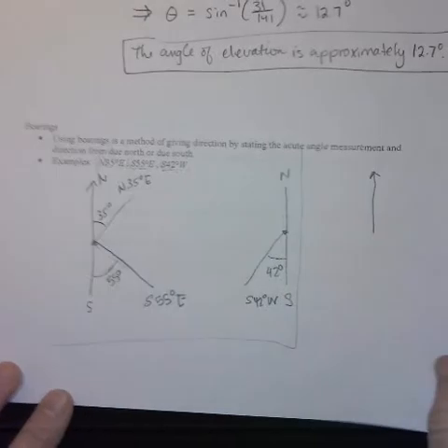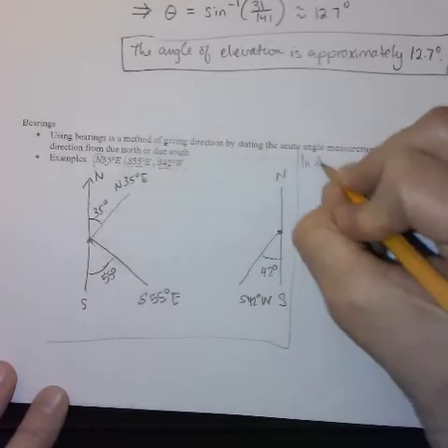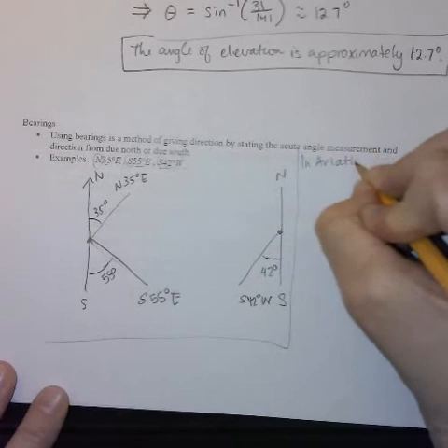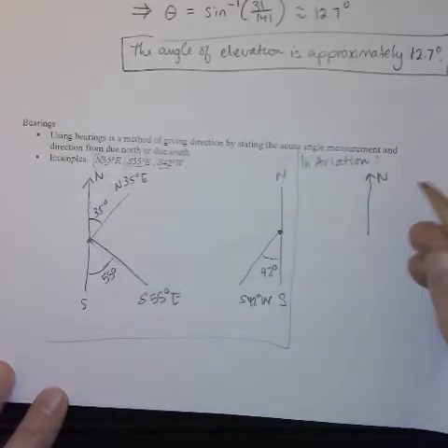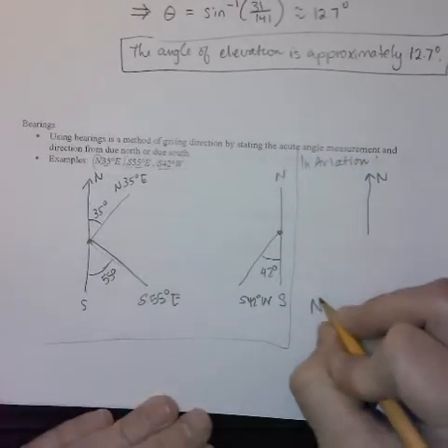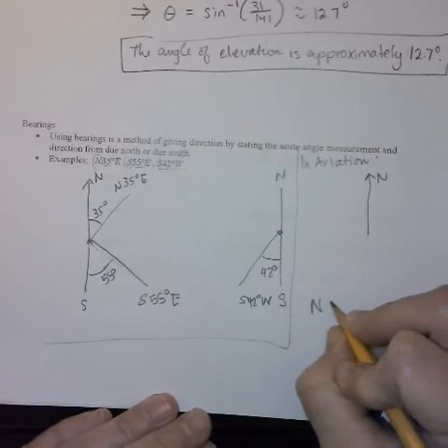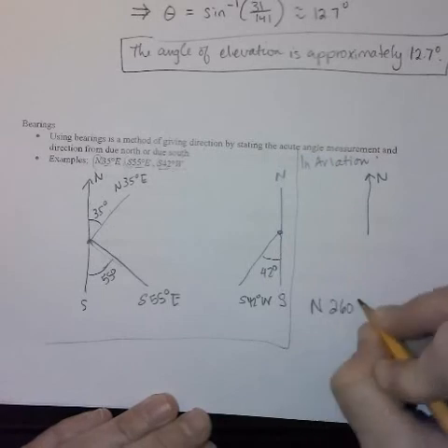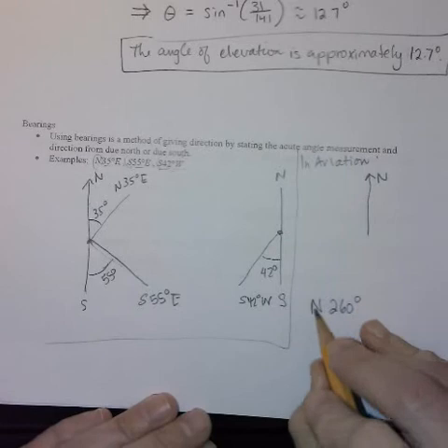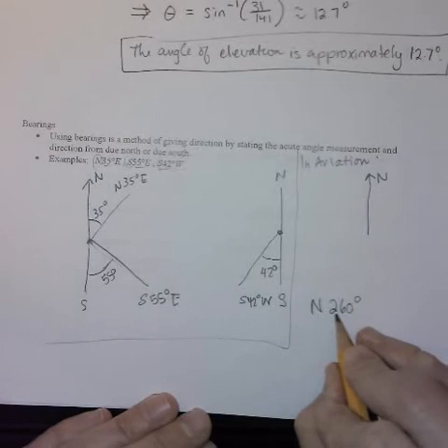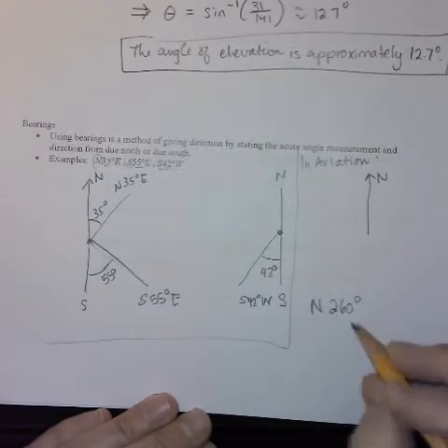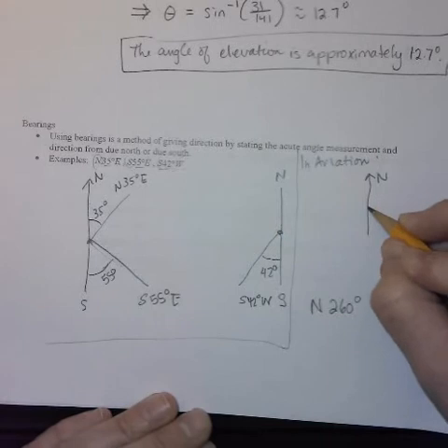So in aviation, you might see like north 260 degrees, and you always, in aviation, so notice this doesn't have to be acute, always measure from the north line, and then you go in a clockwise direction.